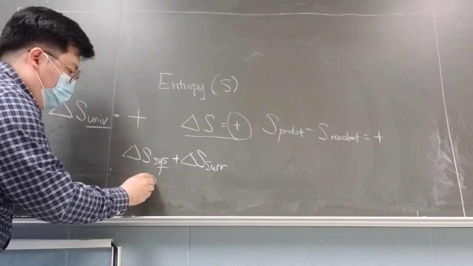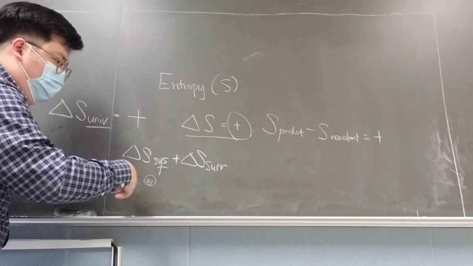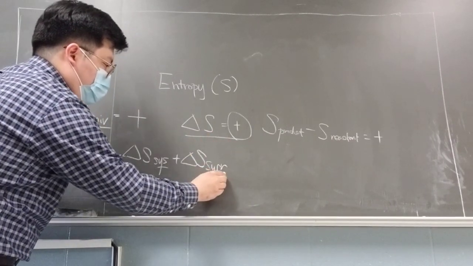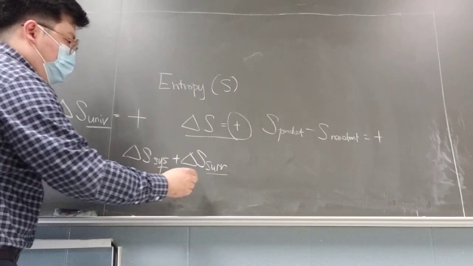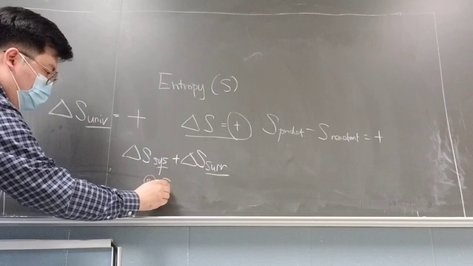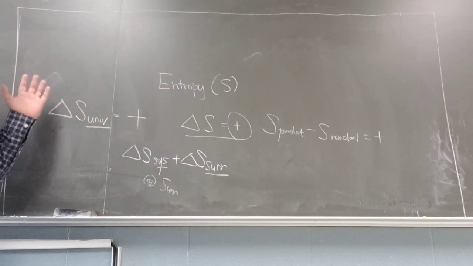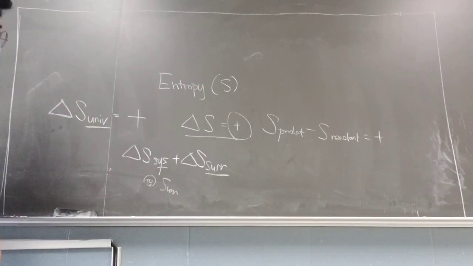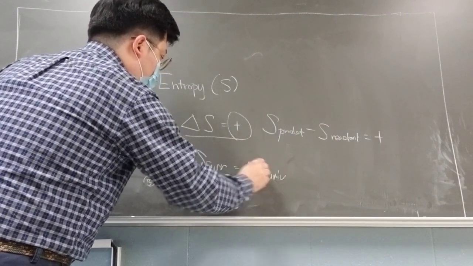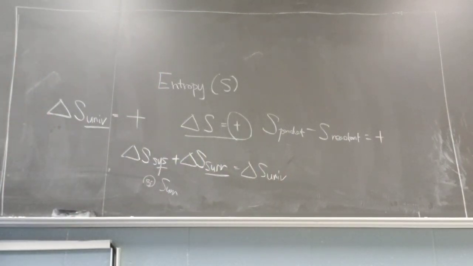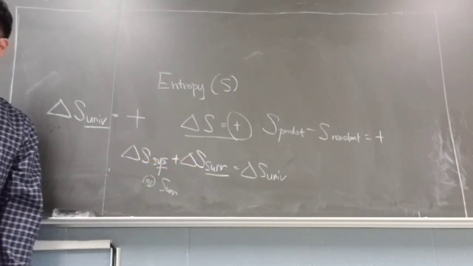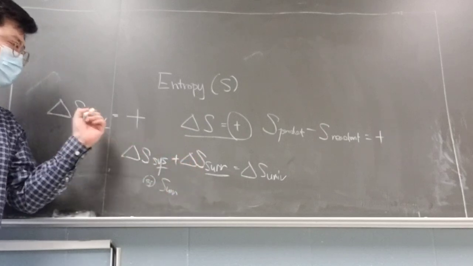So the system is your reaction or anything you define as a system, and everything else is surroundings. The whole universe except your reaction is the surroundings. The universe is always positive. So the system could sometimes be negative, but in total it always has to be positive.